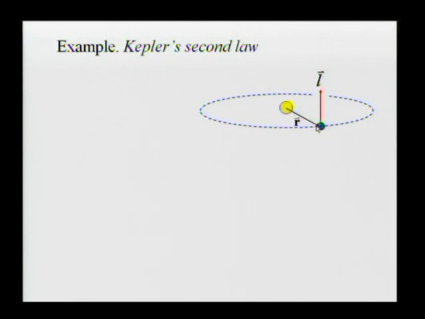Right? Now, which way is the gravitational force? Toward the sun. All right? So position is away from the sun. Force is in the opposite direction. Evaluate torque. 0. Why? Sine of 180 degrees.